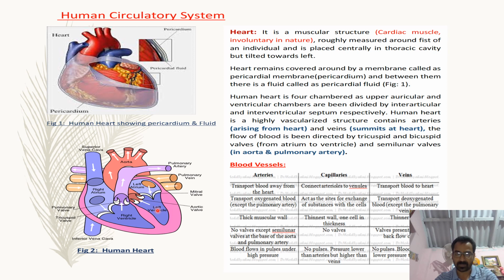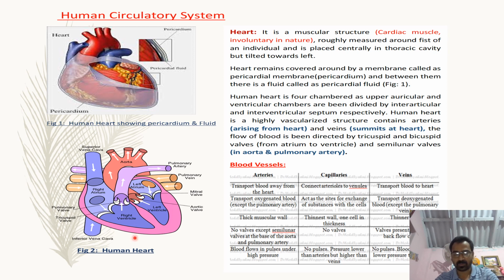From there, the contraction of the left ventricle pushes the blood to the largest artery of the body, called the aorta. So the aorta is the main artery which pushes the blood to all parts of the body.